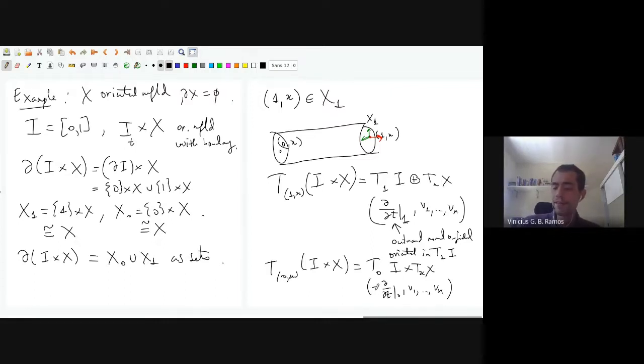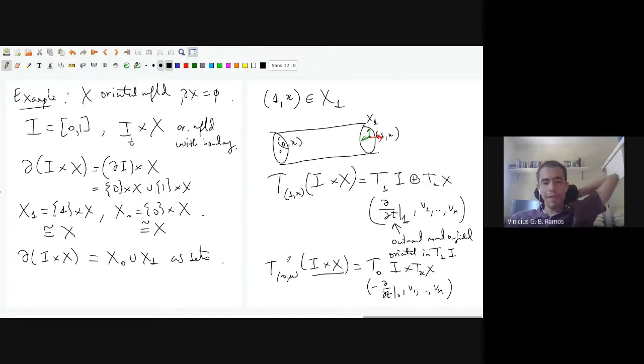But that has a negative sign. That's not an oriented basis for x0. Yes, sorry. This is an oriented basis for the boundary, but this is not an oriented basis for the product.